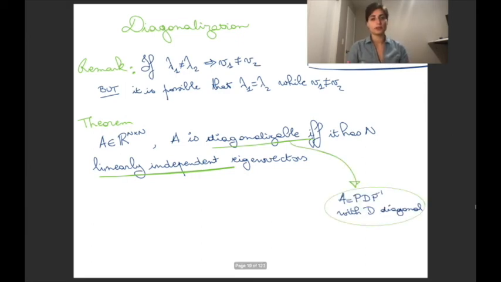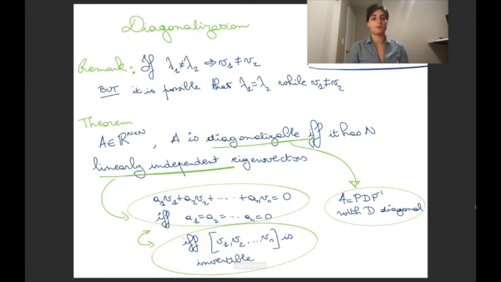Just remember, A is diagonalizable if you can write it as a product of three matrices, with the first being the inverse of the last one, and the center one being a diagonal matrix. And linear independence means that if the sum of a1 times the vector v1 plus a2 v2, and so forth, is equal to 0, this happens if and only if all coefficients are equal to 0.